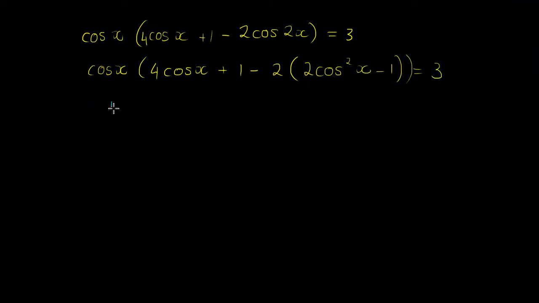So let's start in a different color. Keep your attention. So 4y minus 1, 2 times 2 is 4. So that's 4. And now this is just cos x squared, and we write it as cos squared x. So now I just square that. Minus 1, and this minus 2 makes this a plus 2, equals 3.